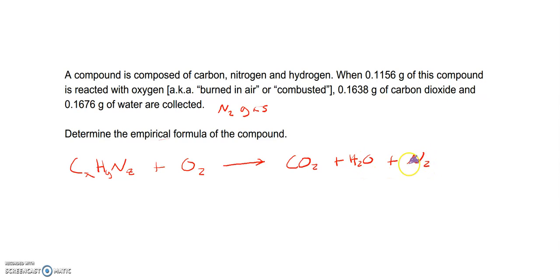And obviously we can't balance the chemical equation because we don't know what these coefficients are. But in this case you won't need to. So we'll just go with what we do have.